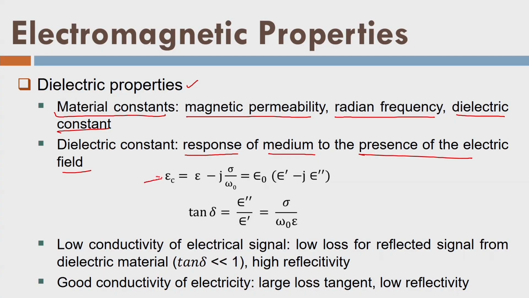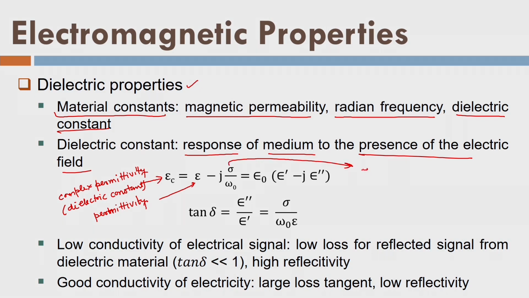In this equation, if you see here, small epsilon c is dielectric constant or complex permittivity. Or it is called dielectric constant of material. That epsilon is the permittivity. Then we have sigma.